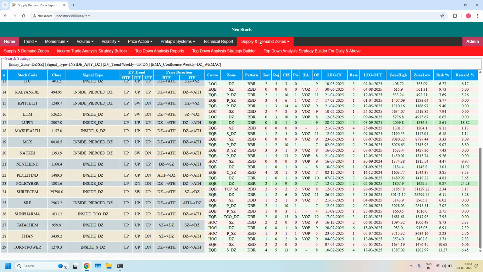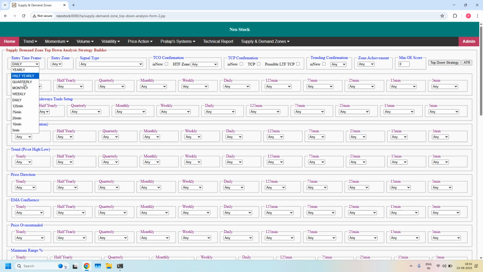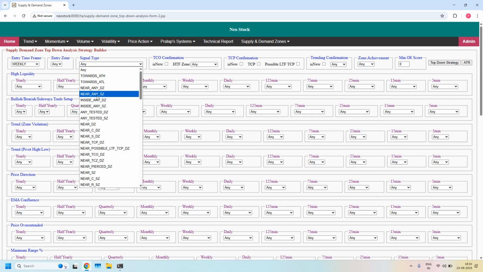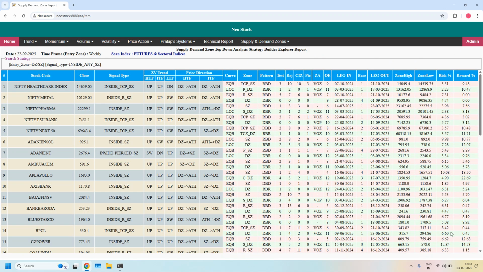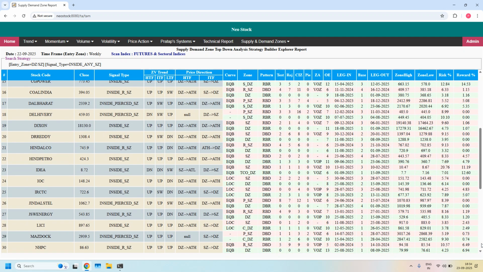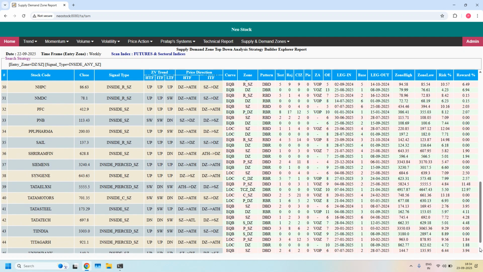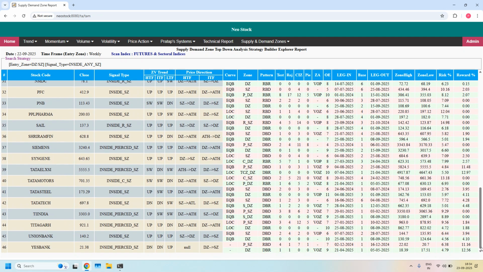Okay, next, price closed inside the weekly supply zones. First 15 stocks in the list. Scrolling the list down. Total 46 stocks are filtered.